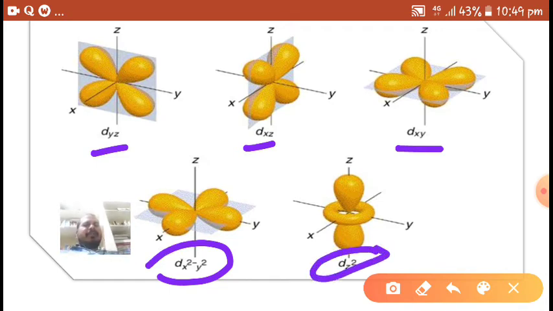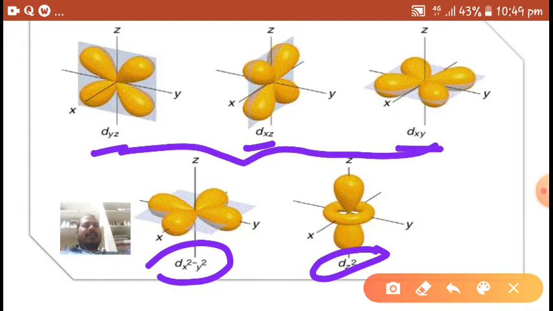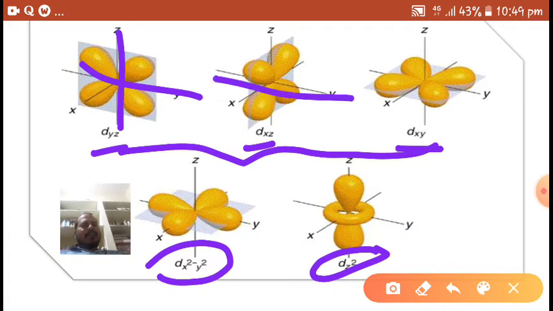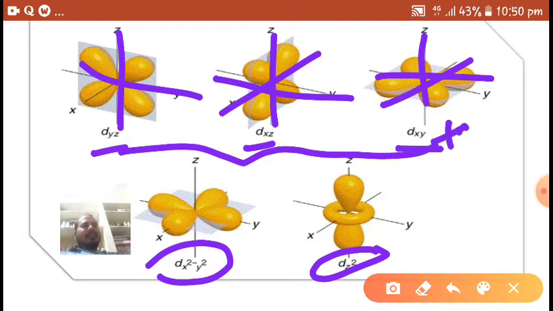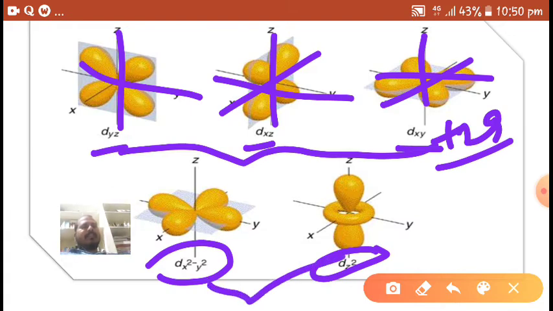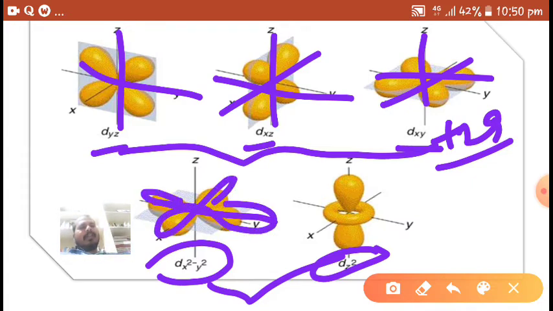If you observe dyz, dzx and dxy, the four lobes of these orbitals lie between the axes. So these are T2g orbitals. And if you observe the lobes of dx square minus y square and dz square, they lie along the axis. So these are Eg orbitals.